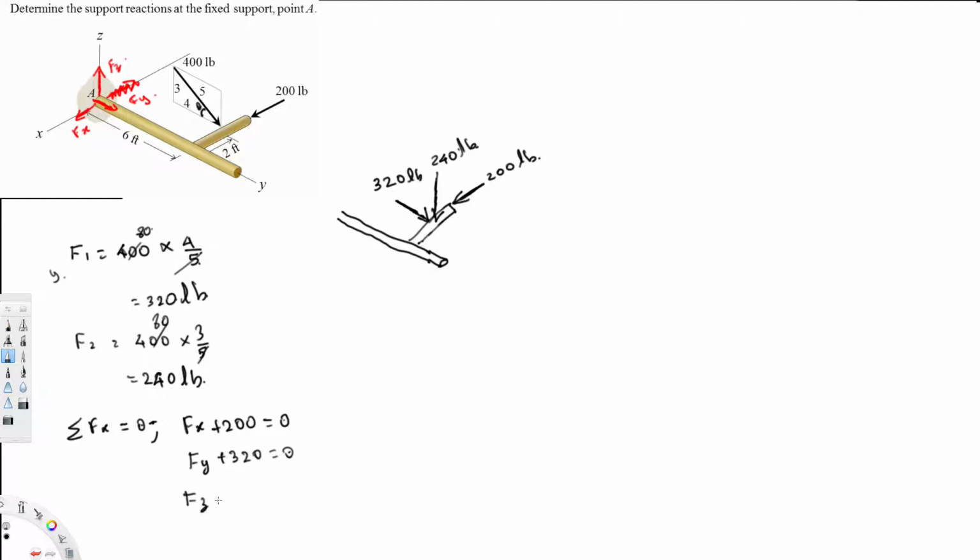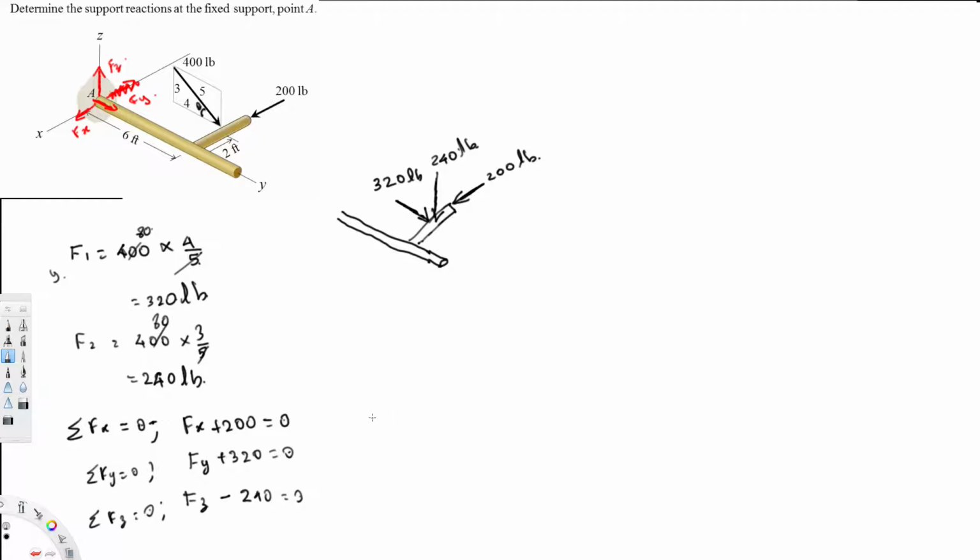Fc is going to be, this upside is positive, right? So sigma Fc is equal to 0. Fc, and if you see, the force is acting downside, therefore it's going to be negative 240 equal to 0.